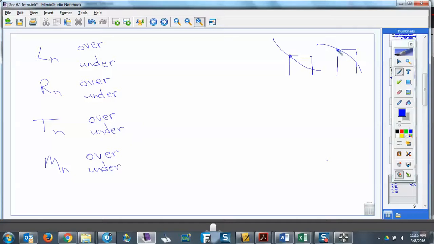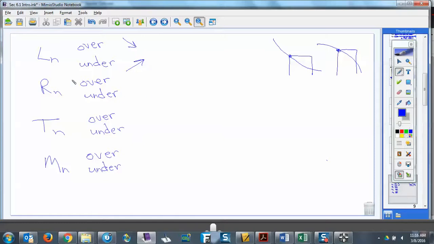Which one? When it's decreasing. Concavity doesn't matter. When the function's decreasing, lefts are going to be over. When are they going to be under? When the graph's increasing. When will lefts be perfect? When the function is a horizontal line, lefts will be perfect. That's the only function that lefts will be perfect on.